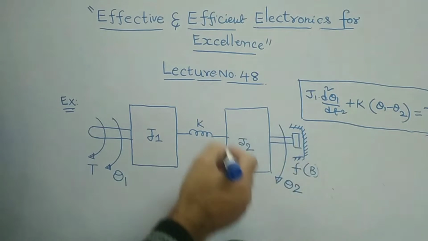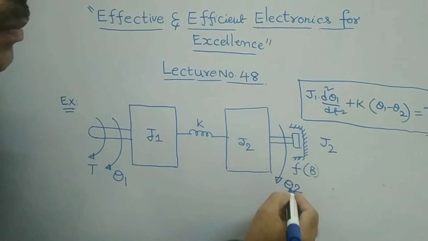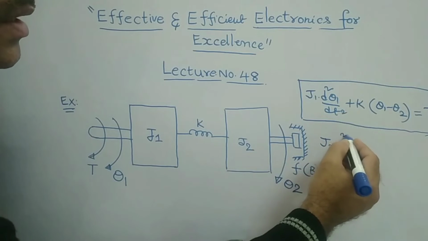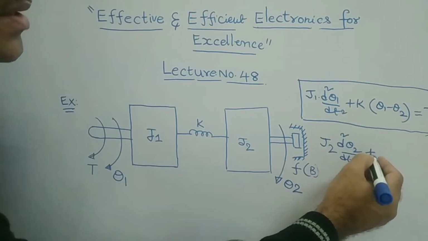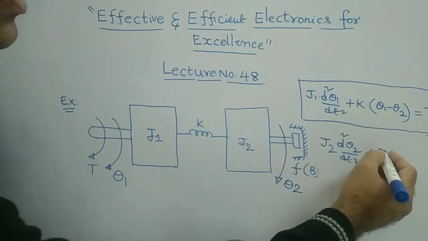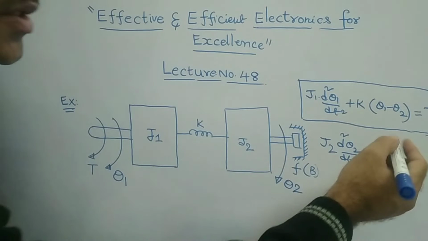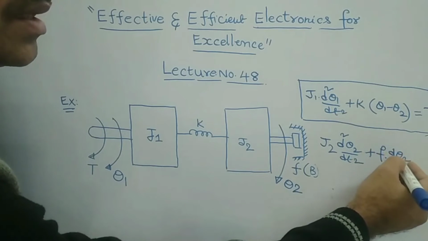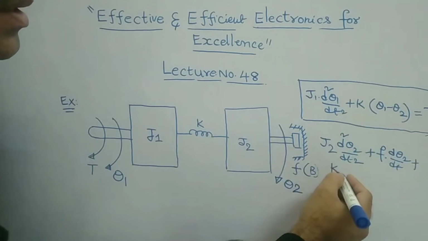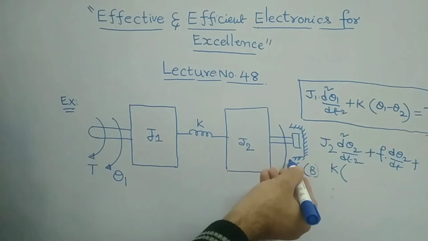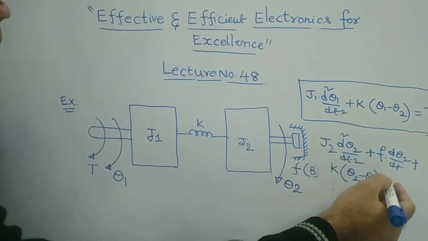And if you write the differential equation with respect to J2, it becomes J2 into d square theta 2 by dt square, plus F, since the damper coefficient is there, into the first derivative of displacement, d theta 2 by dt, plus the common element k into theta 2 minus theta 1, equal to 0.